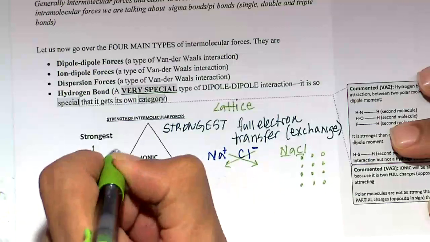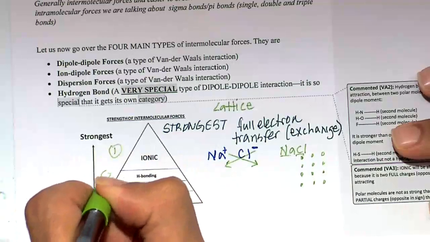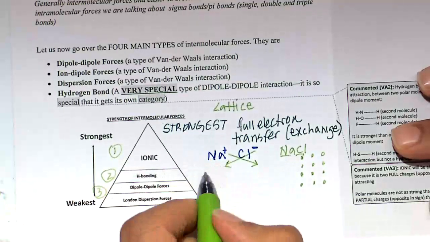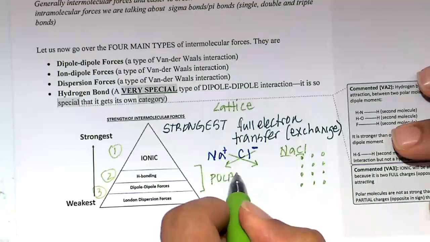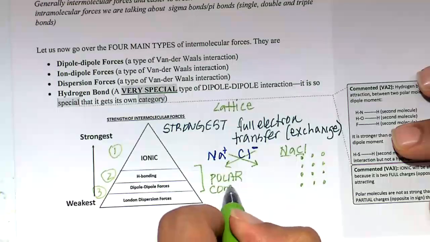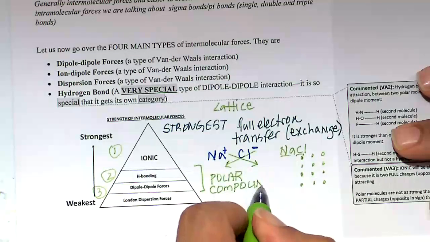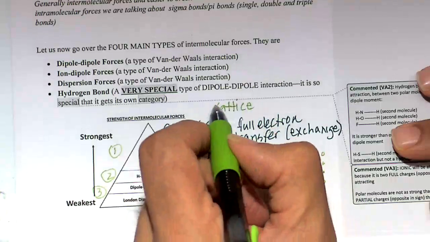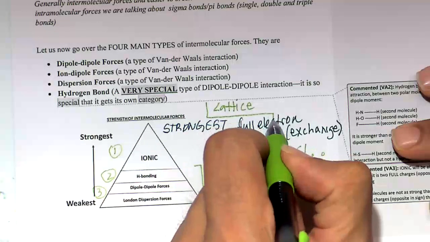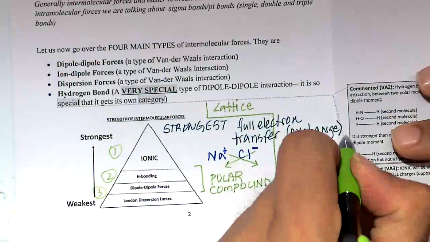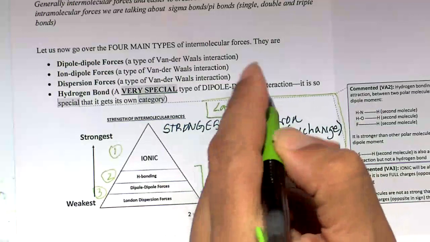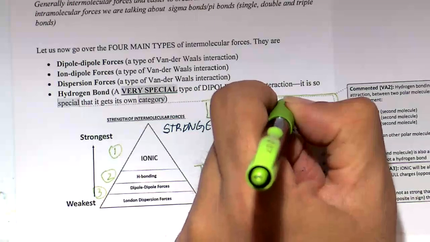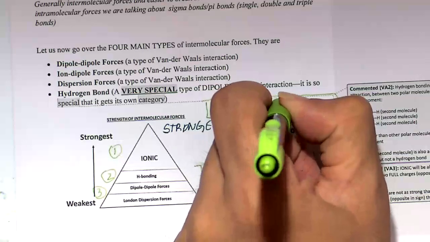All right, let's go to number 2 and 3 here. Number 2 and 3 together are called polar compounds. So ionic compounds, you just want to think of a lattice. It's a very strong organization.